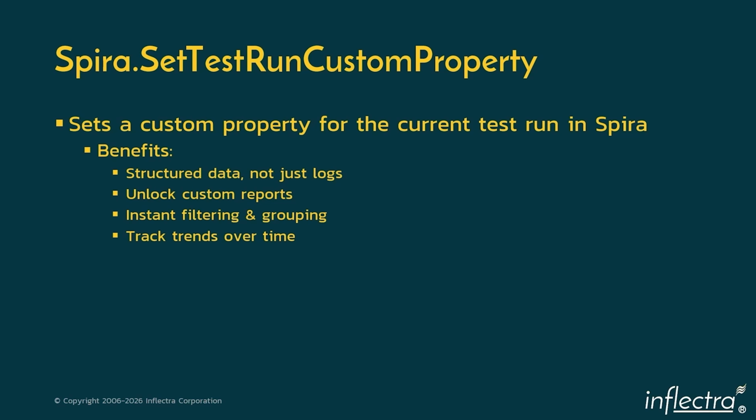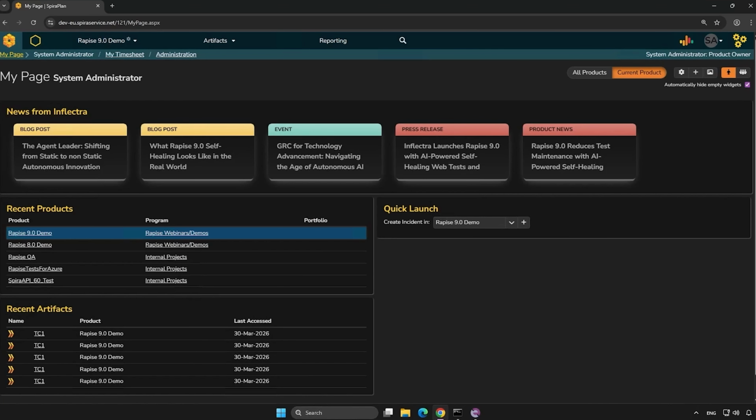By turning test output into structured data, you unlock advanced filtering, custom reporting, and trend tracking across all your runs. It's a small change that makes your test results more actionable. Let me show you how to set this up.